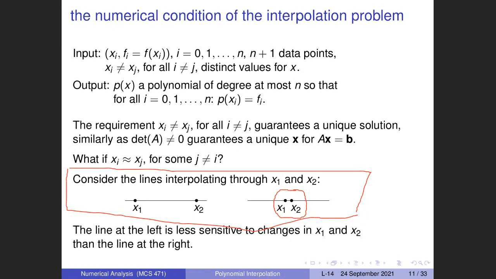So the output, here the simple line, is very sensitive to the distance of the points. So we will not continue this part in this lecture, but where we choose our interpolation points matters for the condition problem.